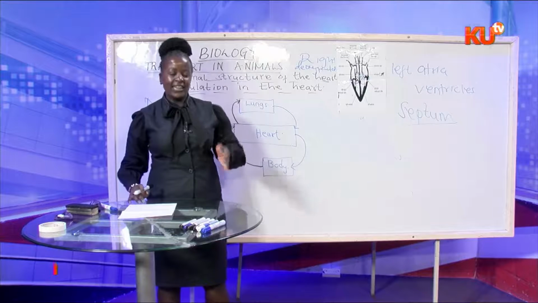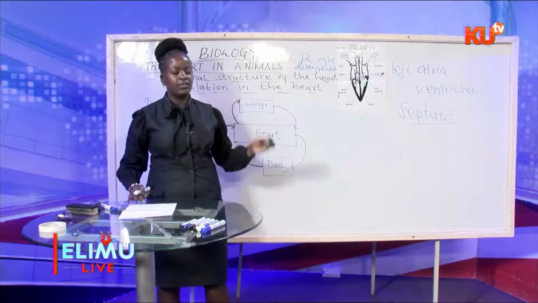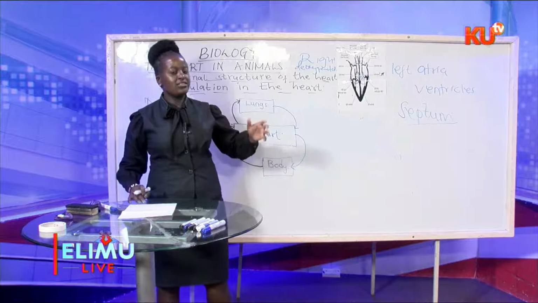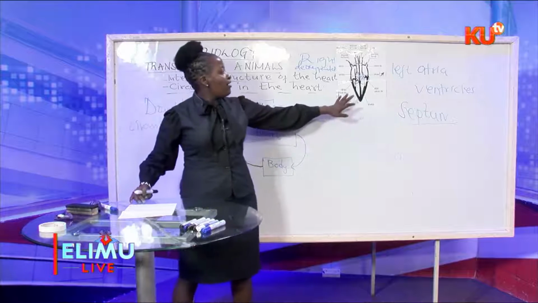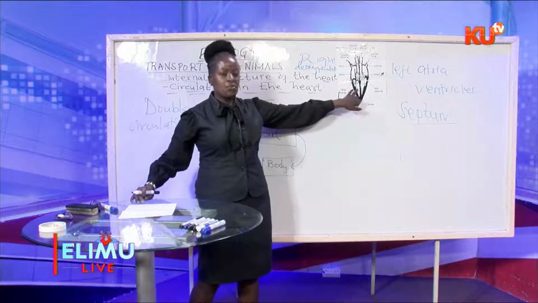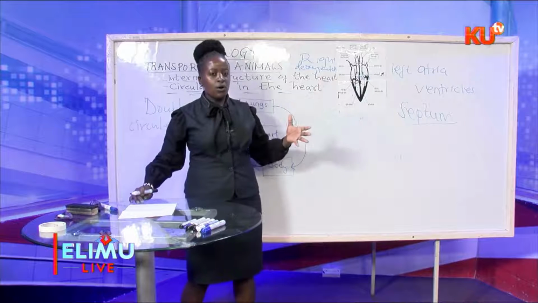As we said, the right side of the heart deals with deoxygenated blood that does not contain oxygen.